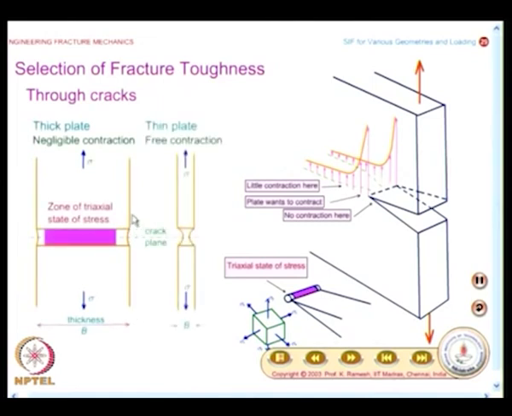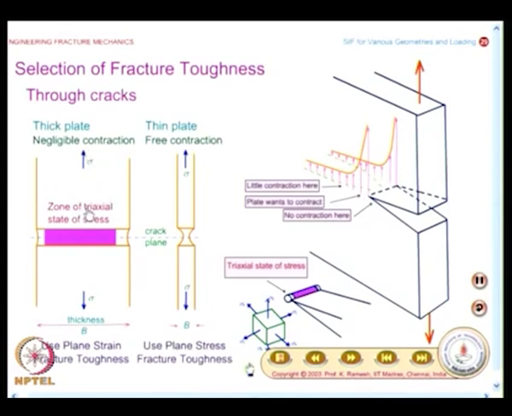And that is what is depicted for a thick plate and for a thin plate, and you can make a neat sketch of this. So, in a thick plate, leaving the surfaces, the zone interior to that will be in a triaxial state of stress. And you find there is negligible contraction in the case of a thick plate.